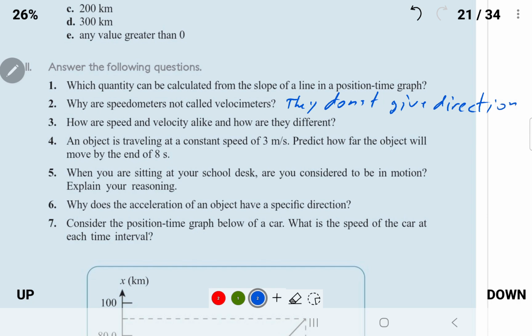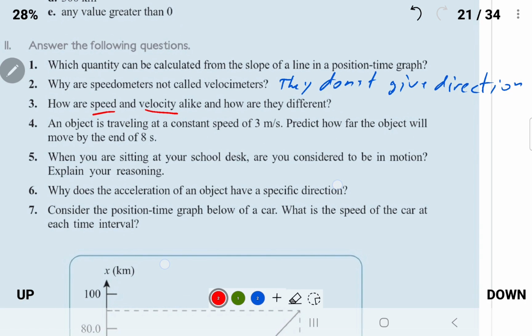How are speed and velocity alike, and how are they different? Speed is a scalar quantity. Velocity is a vector quantity. Velocity has magnitude and direction, while speed has only magnitude.